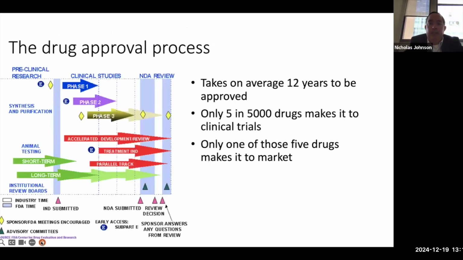All right, so then let's start talking about drugs. And these are the legal kind. So this is the drug approval process. On average, it takes 12 years for a drug to be approved. Out of 5,000 drugs that are tested, only 5 make it to clinical trials, and only one of those makes it to market, which is really a little depressing, actually, even during the holiday season.